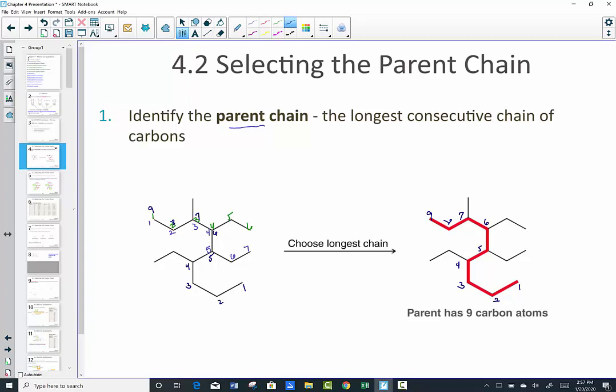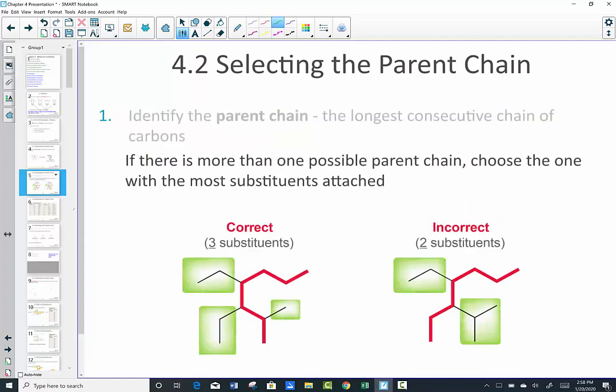Alrighty, so 9 carbons in the chain. Now I, at this point, have no idea if it's better to start counting up here and come up with 9 carbons, or to start at the bottom and head up. That's a next decision. And to make that decision, we really want to consider making those branches the lowest possible number.